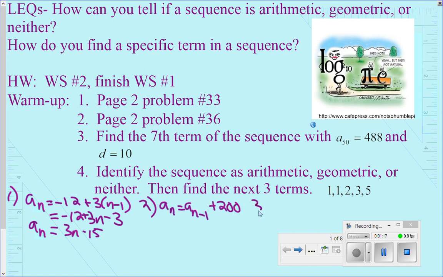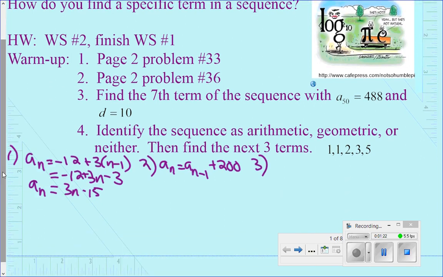Next one, number 3. It asks us to find the 7th term of the sequence with a sub 50 equals 488 and d equal to 10. So I'm going to substitute the 50th term, 488, in for a sub n. And the first term, I don't know, so a sub 1 plus d, which is 10, times the quantity n, which is 50, minus 1.